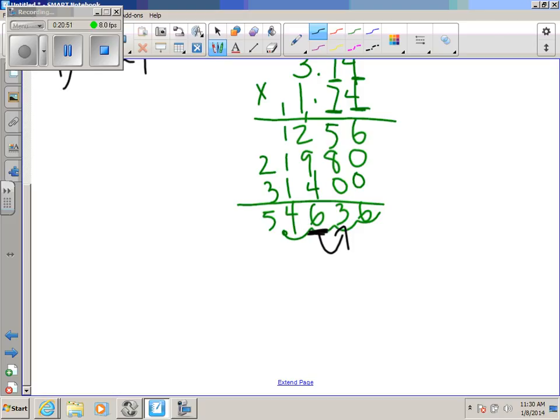Is this 3 big enough to change that 6 to a 7, or does it stay a 6? So my final answer for step 4, this was step 3, is 5.46. Do I need the 2 zeros? Feet. There it is.